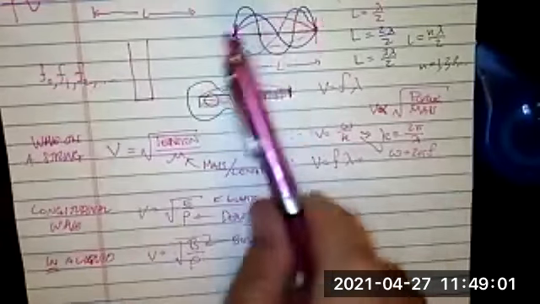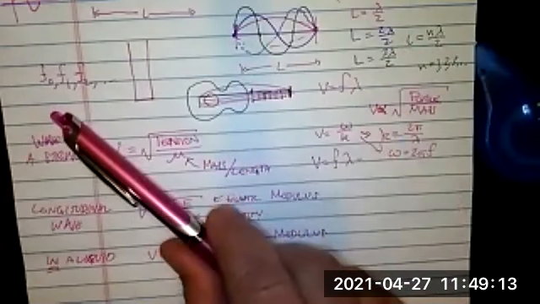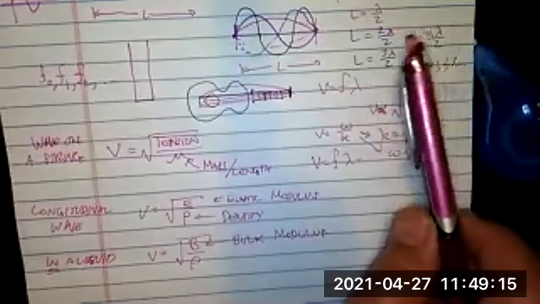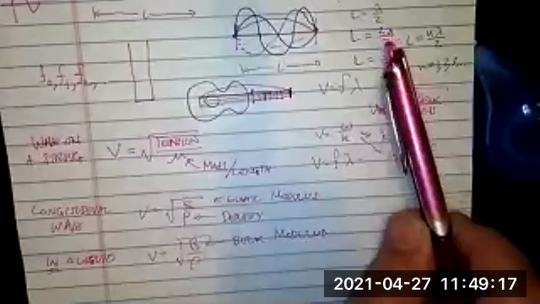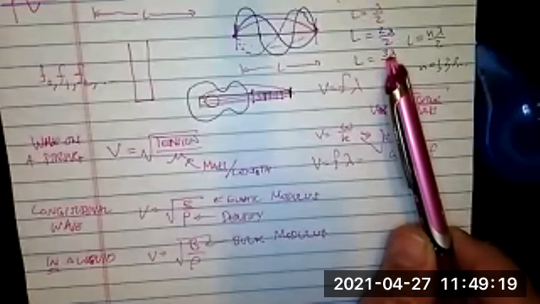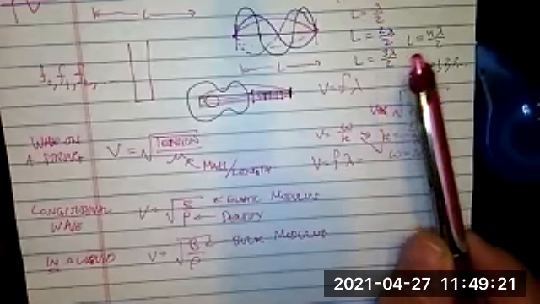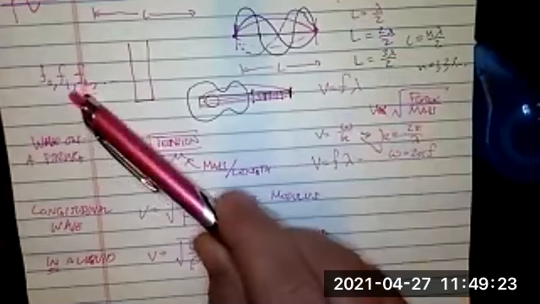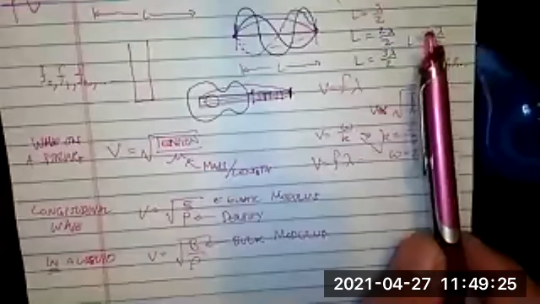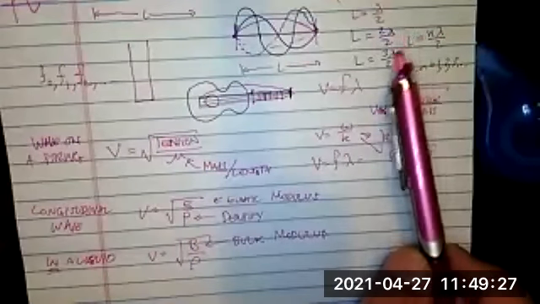N equals 1 corresponds to lambda equals 2L over 1. So lambda is twice the length of the string for the first fundamental.